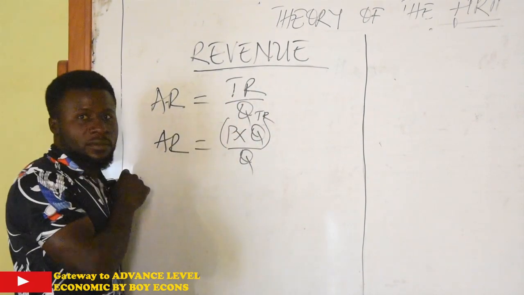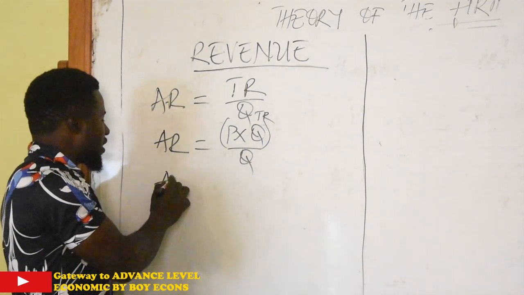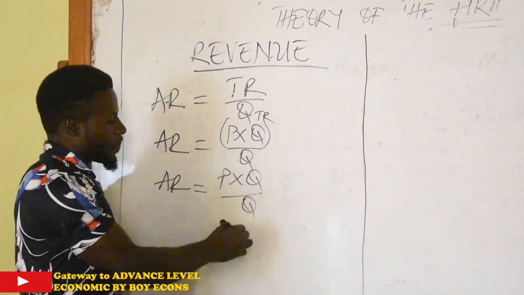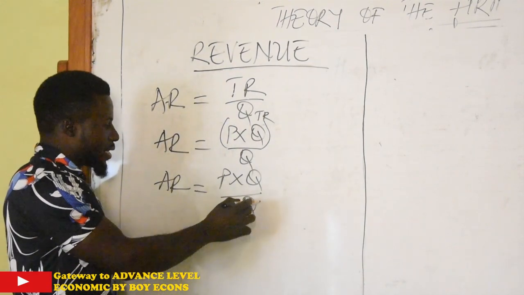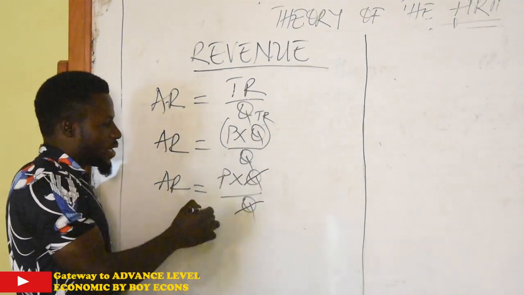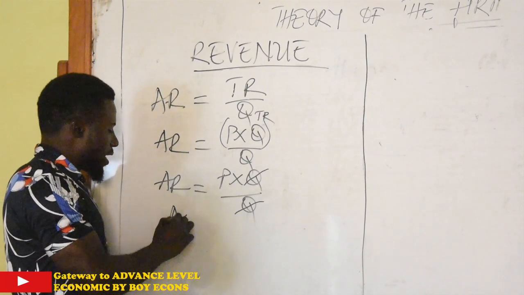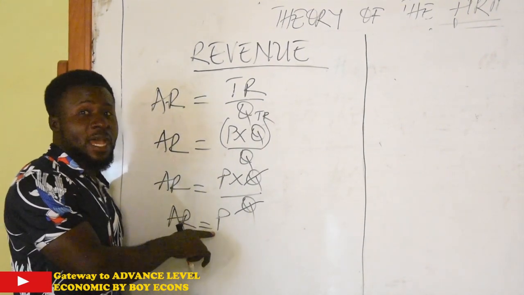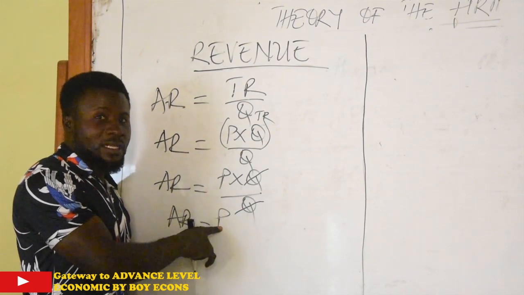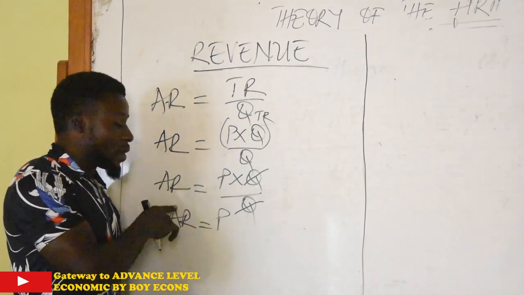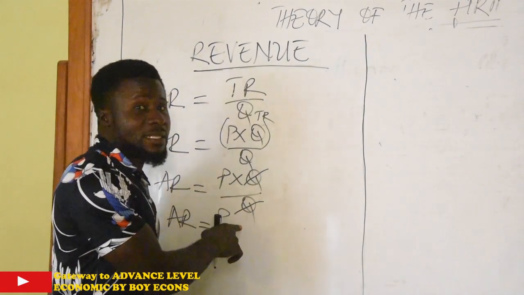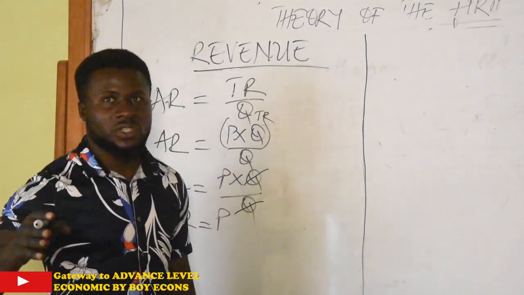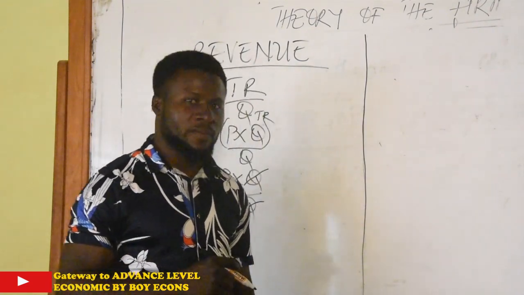TR, total revenue. Good. So it means therefore that AR is equal to P times Q all over Q. So Q takes care of Q. If Q cancels Q, what are we left with? We are left with AR being equal to P. So from now henceforth, when I mention price, know that it is the same as average revenue. Or when I mention average revenue, know that it is the same as price. In all market situations, be it perfect competition or imperfect competition.